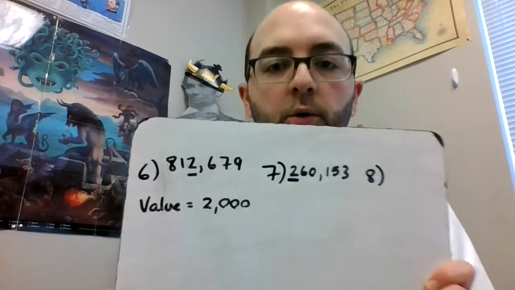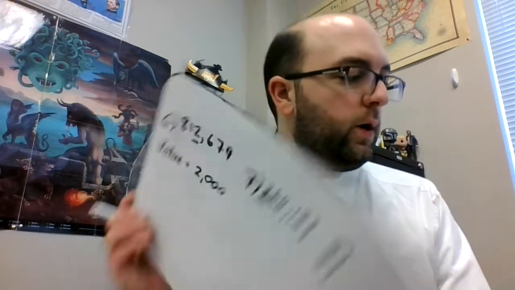Okay. Let's look at our next one. We have 260,153. Again, we're looking for the 2. What is its value? Well, the 2 is in the 100,000s place. So its value is 200,000. Okay.